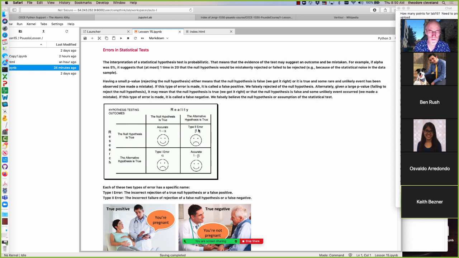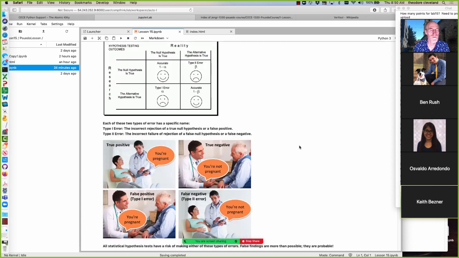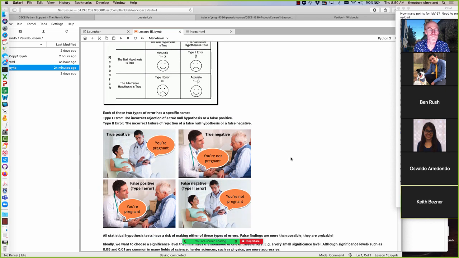And you'll learn more about those in a proper statistics class, especially the power of the testing, because that's actually a fairly tricky thing to do. So the 2 types of errors are type 1, where we incorrectly reject the null hypothesis, and type 2, where we incorrectly fail to reject the null hypothesis.